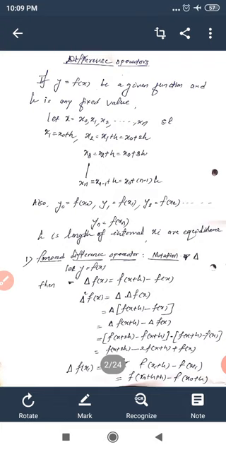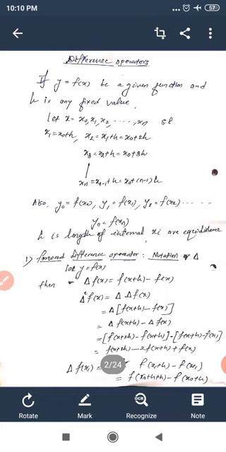That is, the difference between x0 and x1 is h, the fixed value. x2 equals x1 plus h, so the difference between x1 and x2 is h. That means if you add h to x1 we get x2. Similarly, if you add h to x2 we get x3. So xn is equal to xn minus 1 plus h.